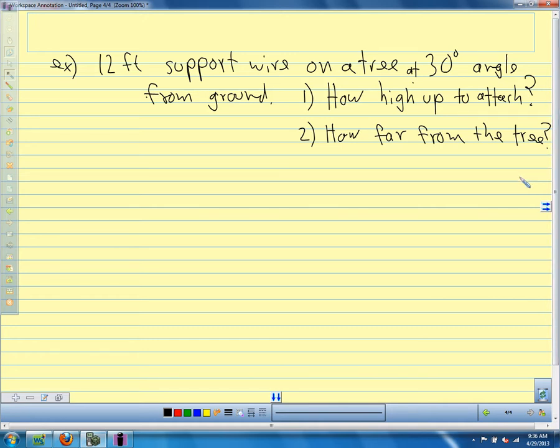So if the problem doesn't give you a picture, draw a picture. So here's my tree. And we want to put a 12-foot support wire, like so. So this is 12 feet.